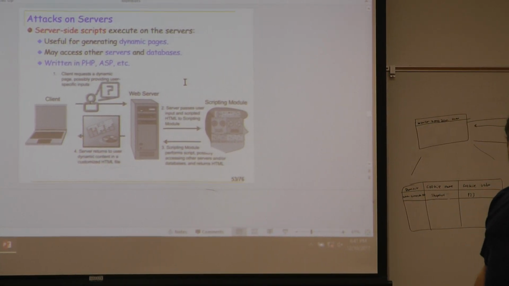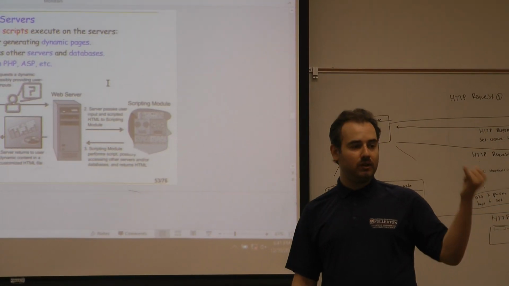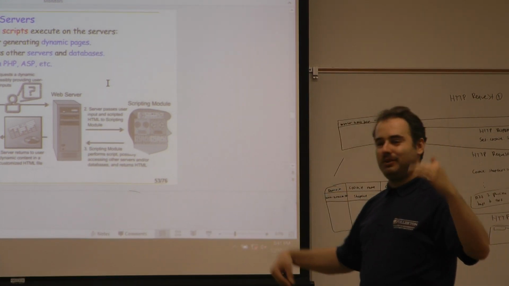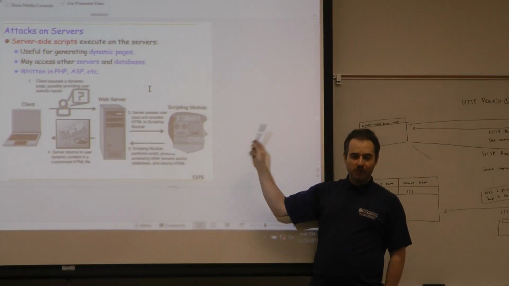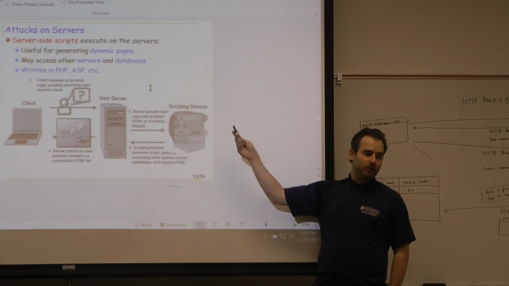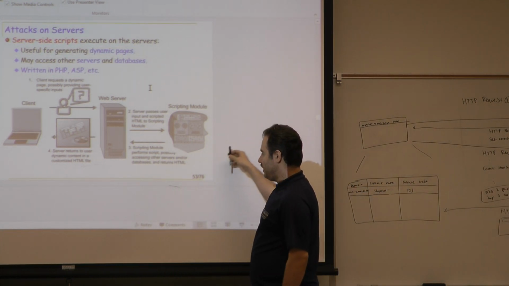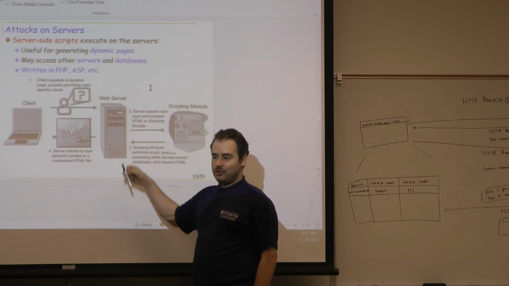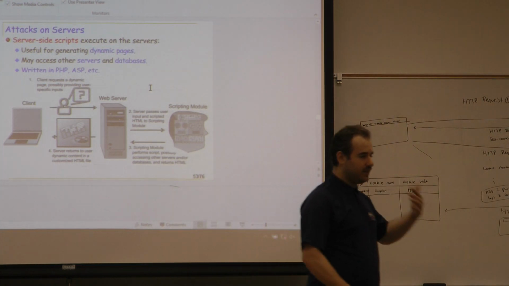They could be written in Python. There are many different languages in which they can be written. Perl, Ruby on Rails. And yes, now JavaScript too, Node.js, right? The scripting module will process your input. It may also have to consult some kind of a backend database in order to generate the output, and it'll generate the resulting page in HTML, and then the server will send back an HTTP response containing the generated page.